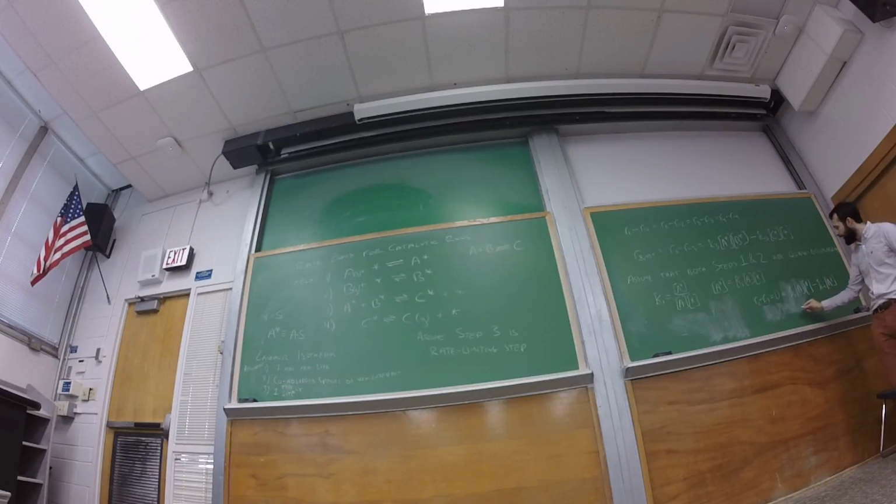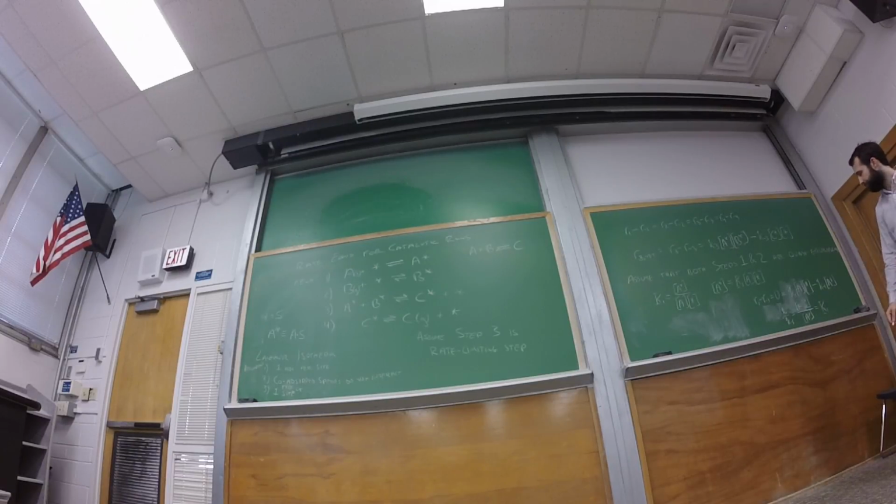And of course, if I rearrange this, what do you get? You get k1 over k minus 1 is equal to A star, times concentration of A times concentration of vacant sites over the concentration of adsorbed sites. And of course, that's equal to the equilibrium constant.